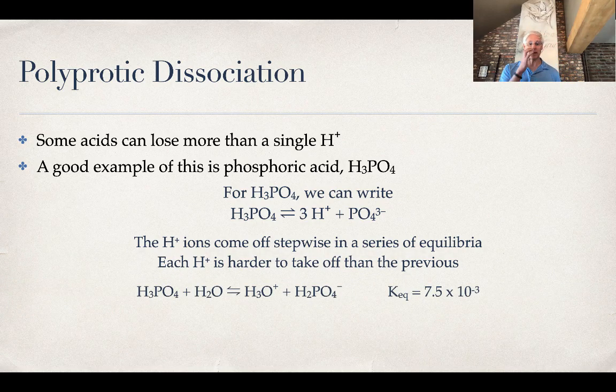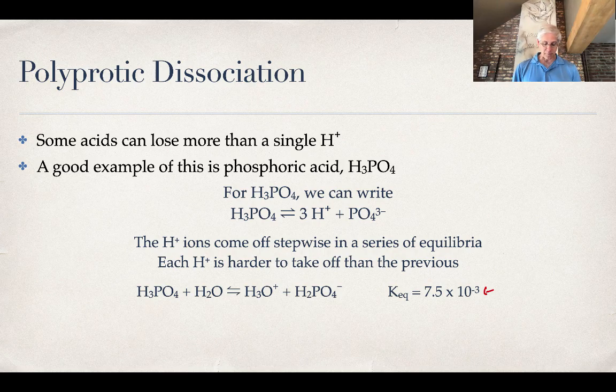So let's look at the different equilibria that we have here. Here we have our first hydrogen coming off, so we have H3PO4 plus H2O, and at equilibrium turning into H3O plus and H2PO4 minus. It's got a pretty good sized equilibrium constant, 7.5 times 10 to the minus 3. As weak acids go, that's a fairly substantial equilibrium constant, so it's a pretty good weak acid.